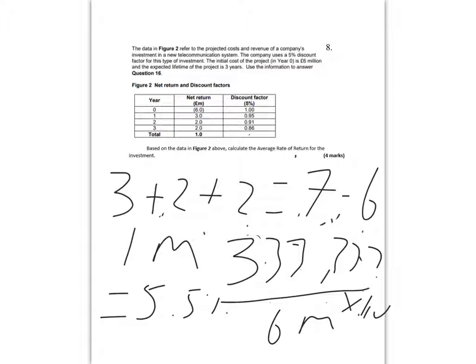So that means our yearly return on the 6 million that we invested based on our yearly profit is 5.5%. So you just add up the nets minus the cost, divide by years, and then divide that by the cost of the investment, times it by 100.